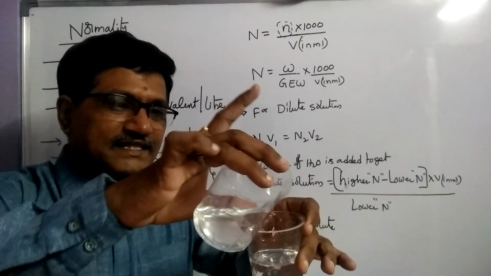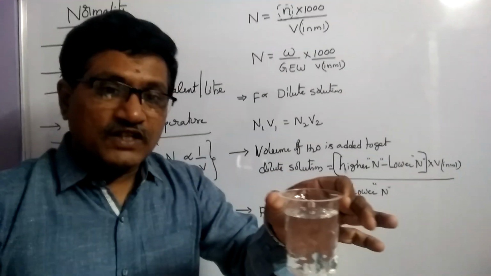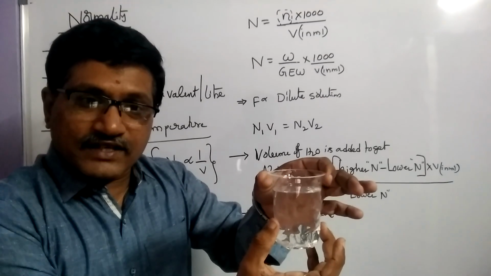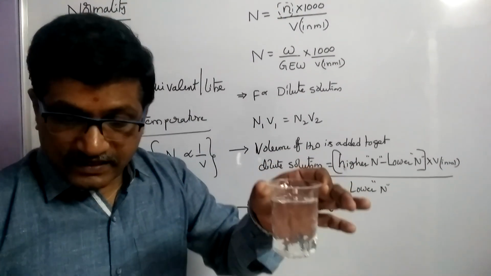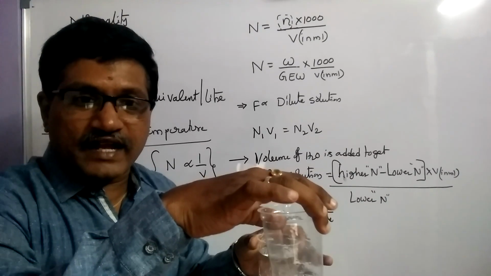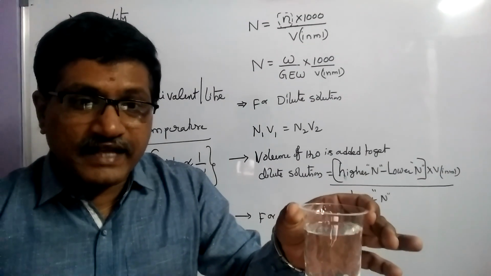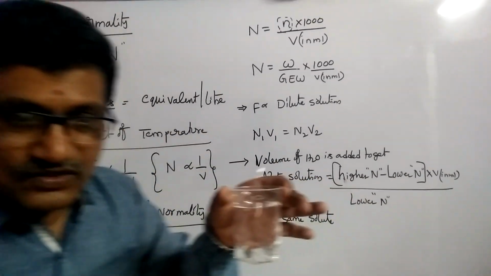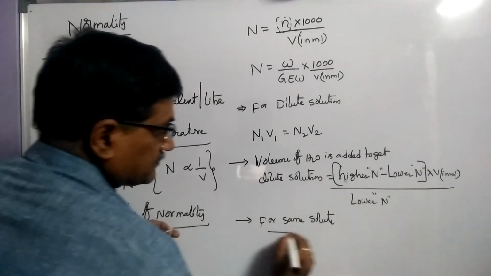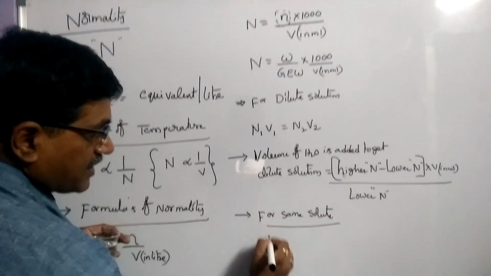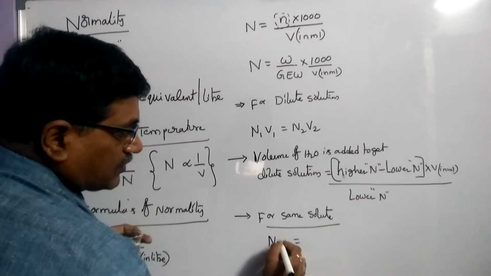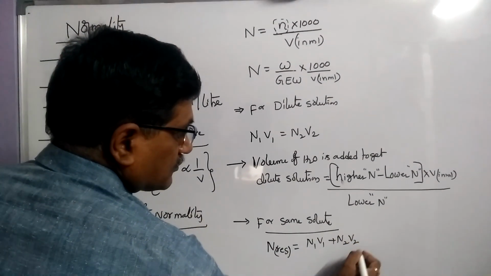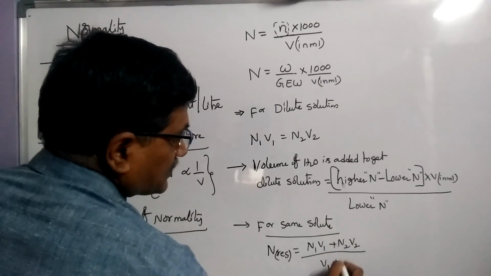These solutions are mixed to get a resulting solution. For this resulting solution, what is the normality? Previous solution N1 V1, another one N2 V2. When mixed, the formula for the resulting solution: normality of resulting solution is equal to N1 V1 plus N2 V2 by V1 plus V2.